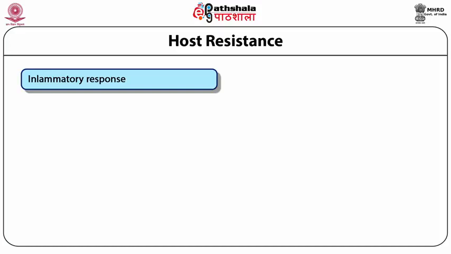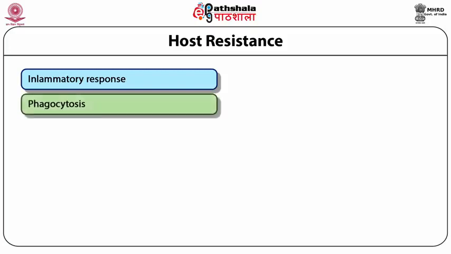The cells in the immediate vicinity of the pathogen will start exhibiting inflammation, and that inflammation will prevent spread of the pathogen from that particular site. An increase in temperature also results in increased activity against the pathogen. Second, phagocytosis that we have discussed.